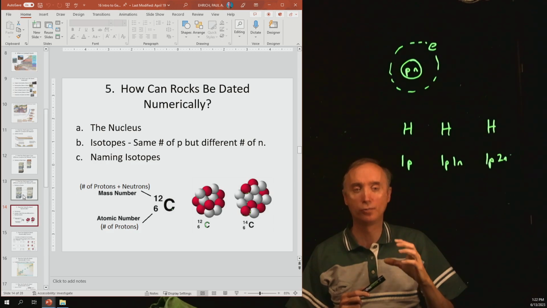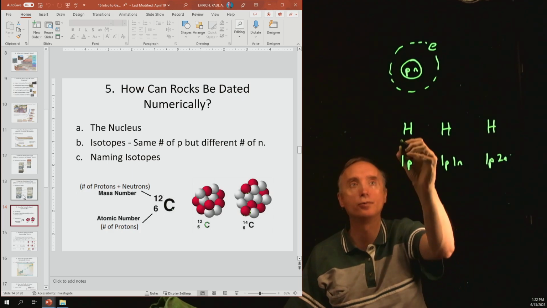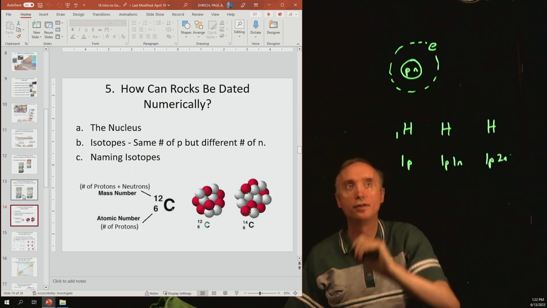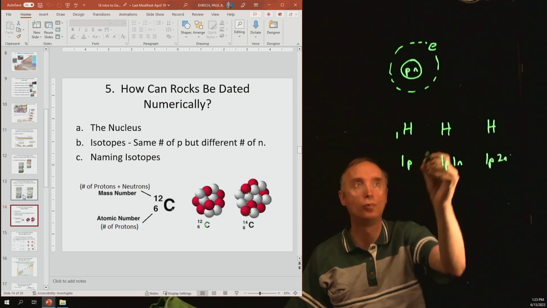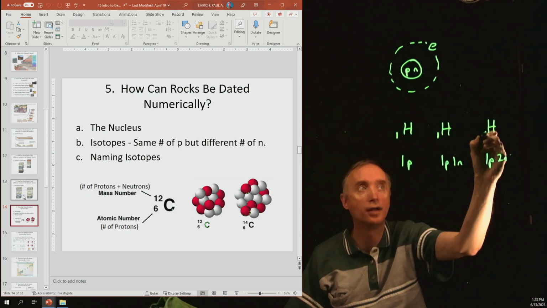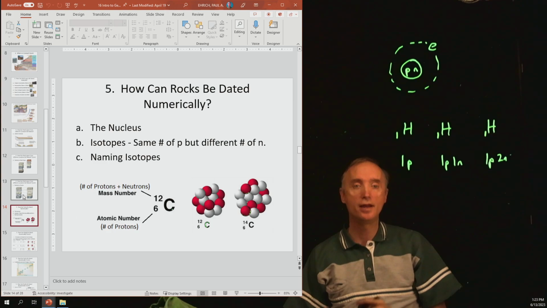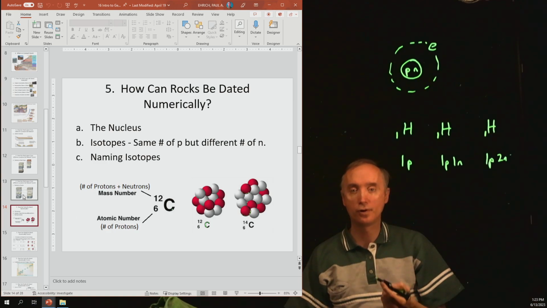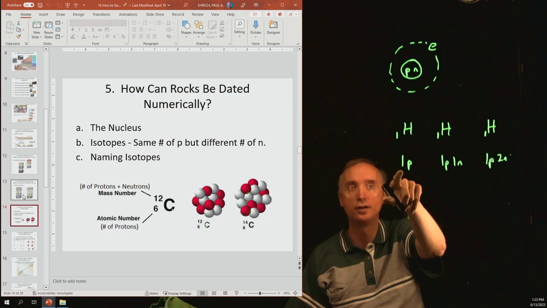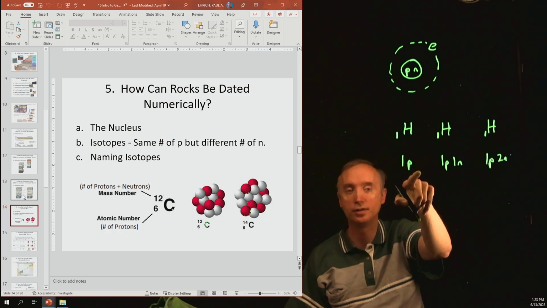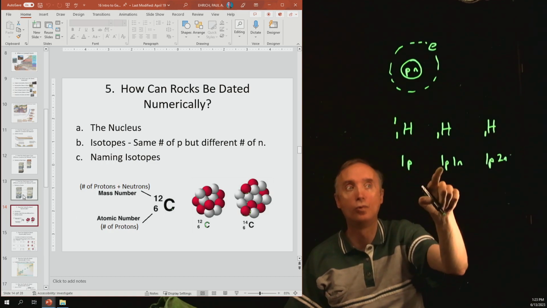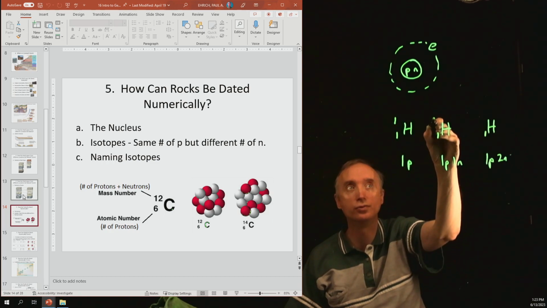So how do we write the symbol for a particular isotope? First, we write down here the number of protons: 1, 1, and 1. Next we write down the number of protons plus the number of neutrons. So 1 plus 0 is 1. 1 plus 1 is 2.